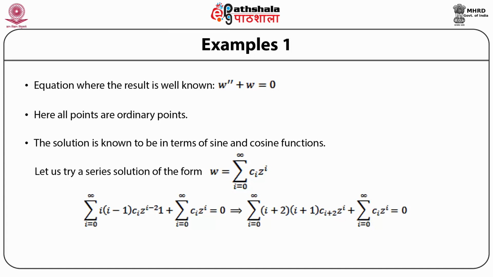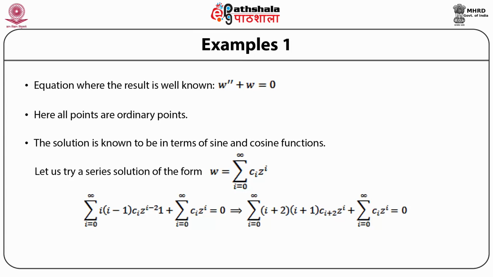c_i z^i. On substituting in the equation above and comparing coefficients of various powers of z, we have summation i going from 0 to infinity i into i minus 1 into c_i into z raised to power i minus 2 plus summation i going from 0 to infinity c_i z^i is equal to 0.